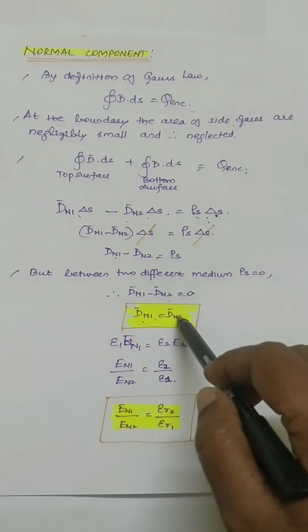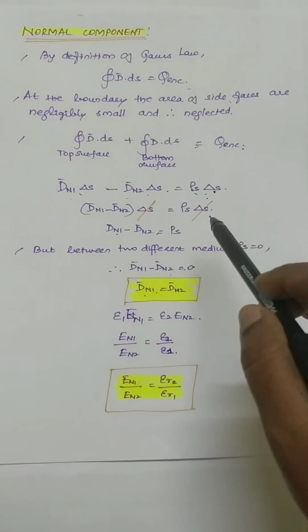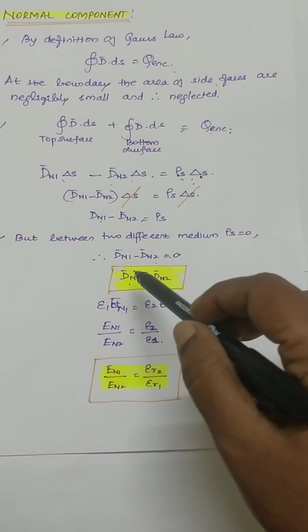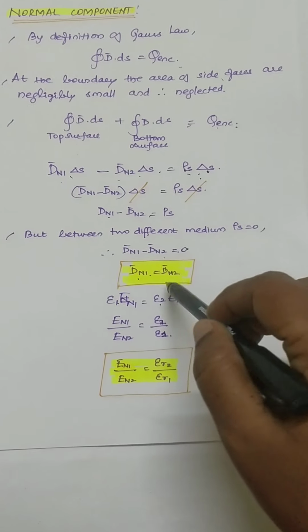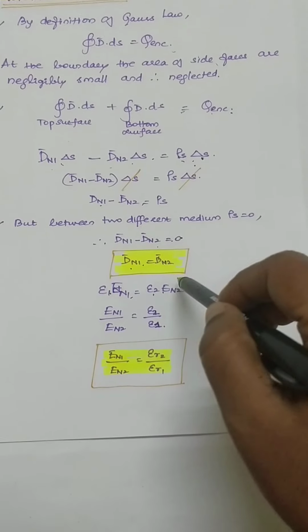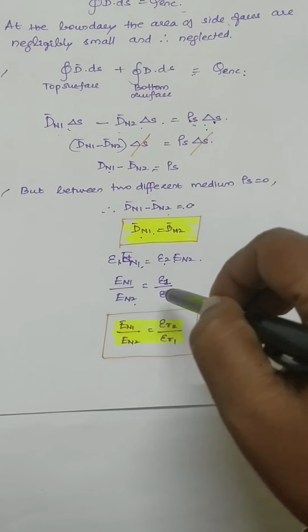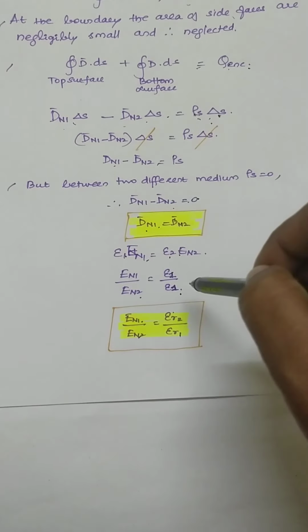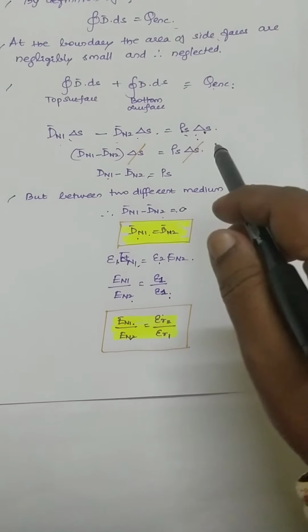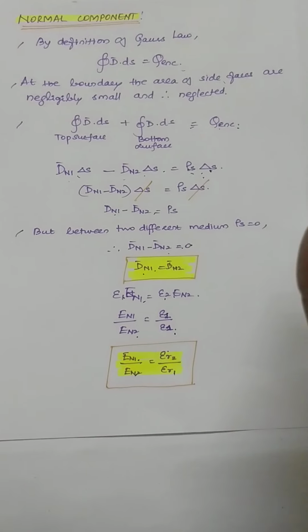Therefore Dn1 equal to Dn2 is the basic equation of the normal component for dielectric 1, dielectric 2. Using the constitutive relation, epsilon 1 En1 equal to epsilon 2 En2, I can write the ratio En1 by En2 equal to epsilon 2 by epsilon 1, which means En1 divided by En2 is equal to epsilon r2 divided by epsilon r1.